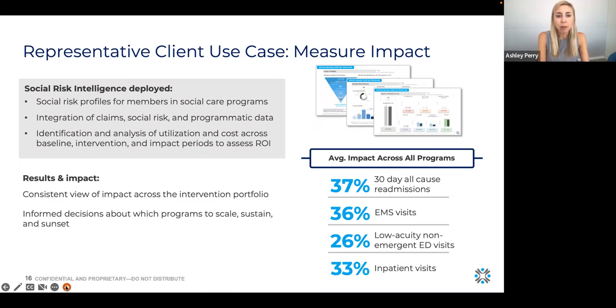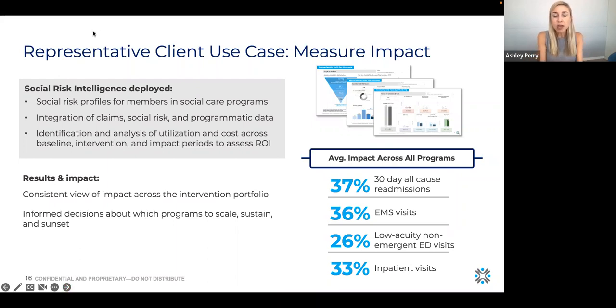And so our ability within the SocialScape platform to integrate not just the social risk data and the claims data, but also programmatic data from those different social care interventions to create a holistic and consistent picture of impact across that full portfolio. And so helping the team understand across a number of different measures where they are seeing the most return, both across all of the programs together, which are the numbers that you see on the right-hand side of the slide, as well as for each individual program.